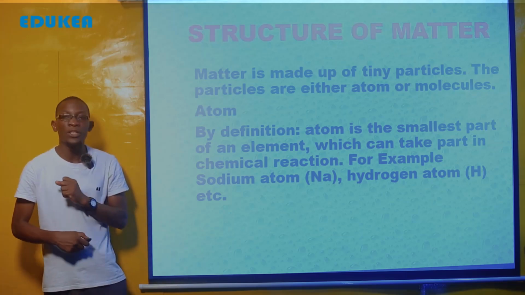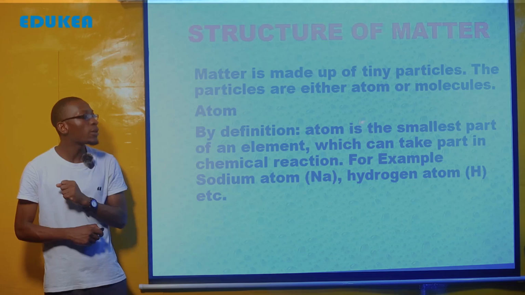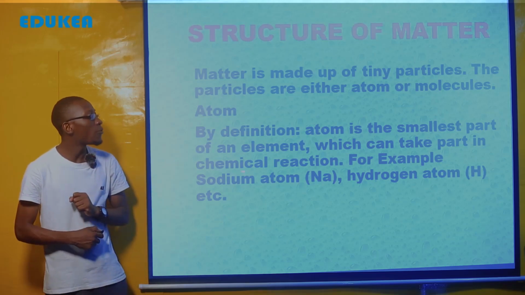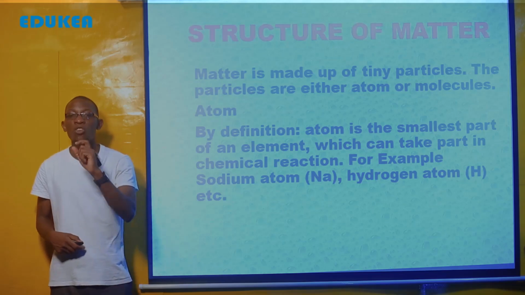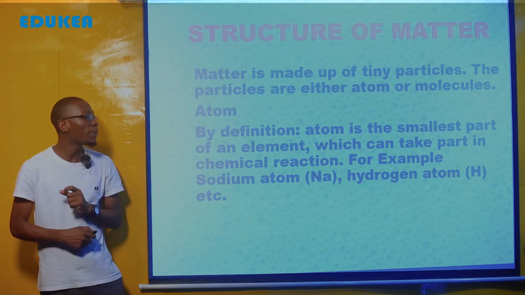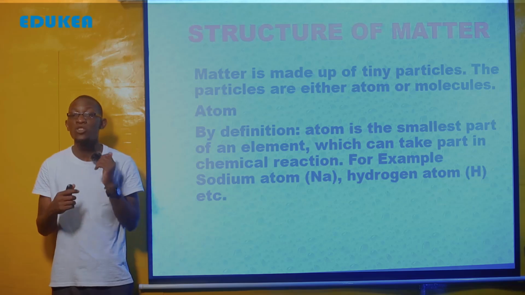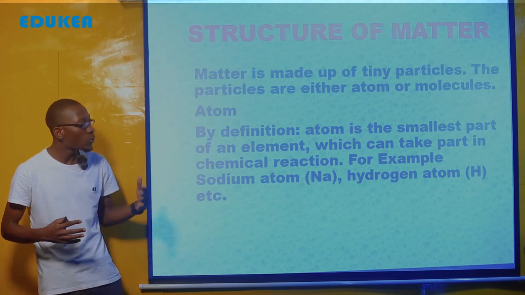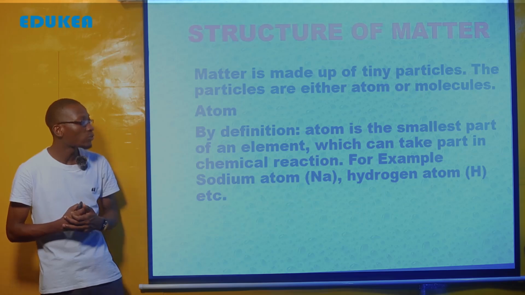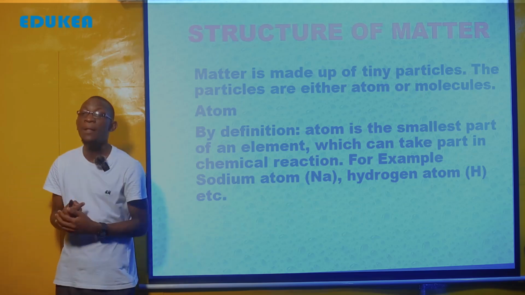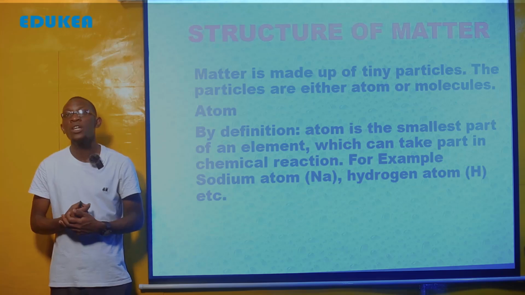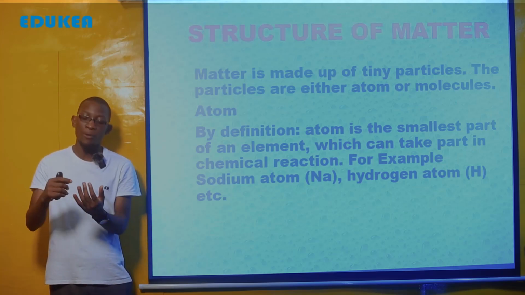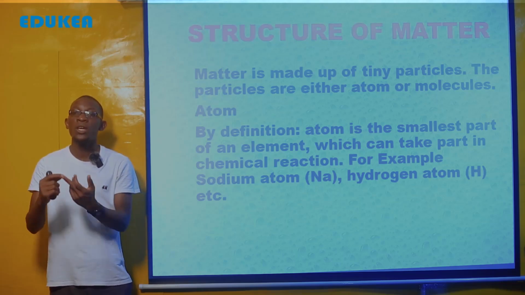Atom ni nini? By definition, an atom is the smallest part of an element which can take part in chemical reactions. Kwamba ni kipande kidogo cha element ambacho kinaweza kuchukua nafasi kwenye chemical reactions. Tukasema atom imeundwa pia na 3 particles ambazo ni protons, neutrons and electrons.